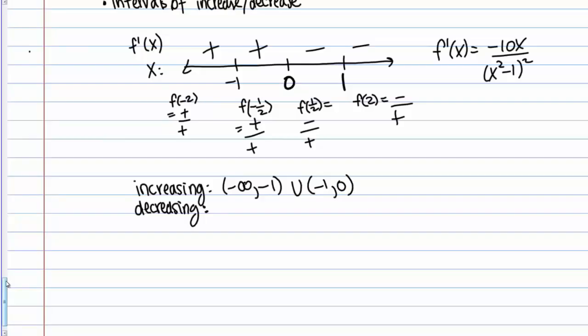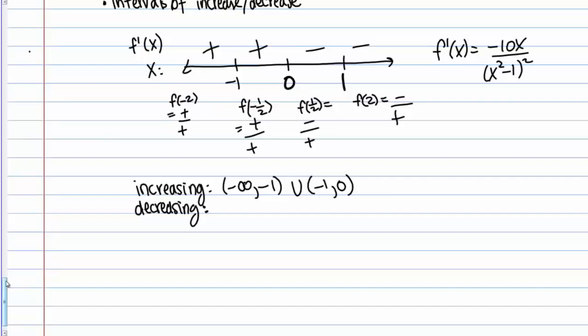So why did I separate that into two intervals like that? Well, remember, -1 actually isn't in the domain of the function. So the function can't be increasing at a place where it doesn't exist. So that's why I skipped over -1 in my interval. So it's increasing from -∞ to -1, and then again from -1 to 0.